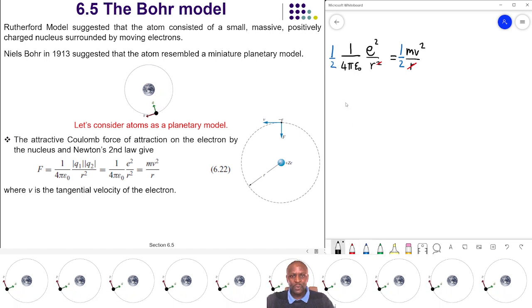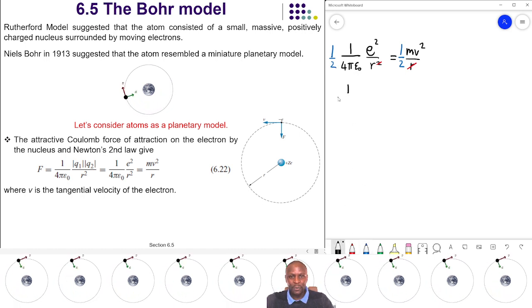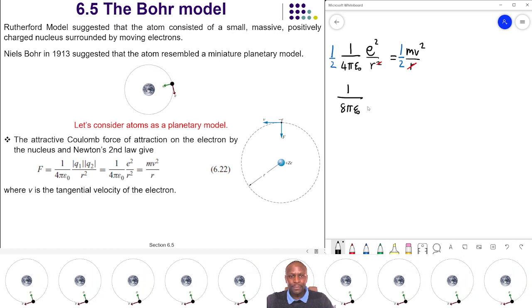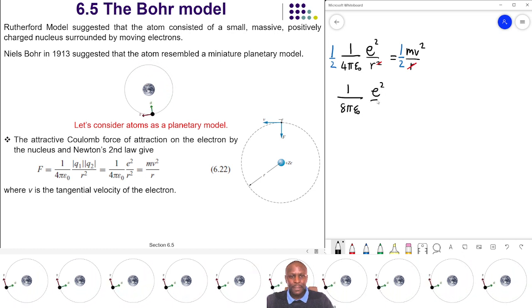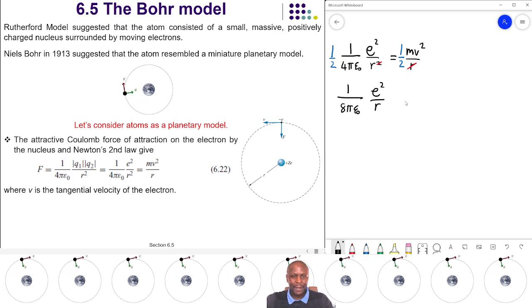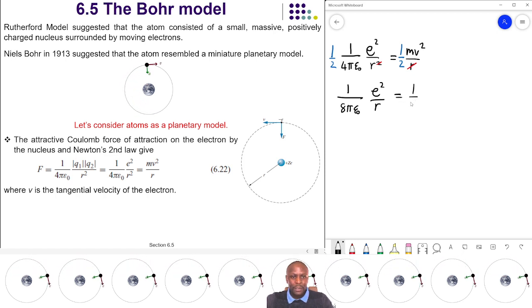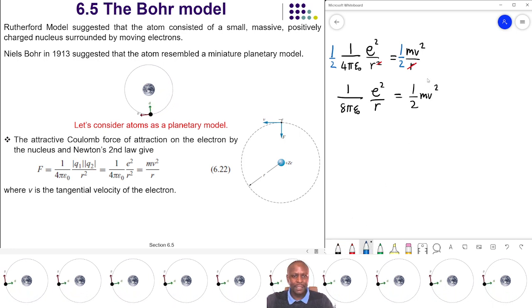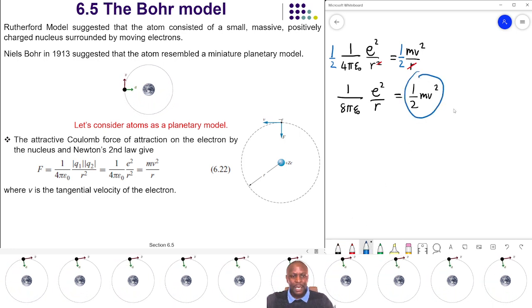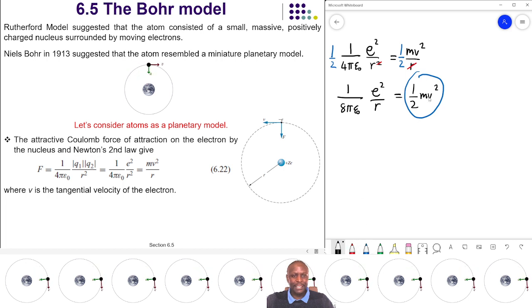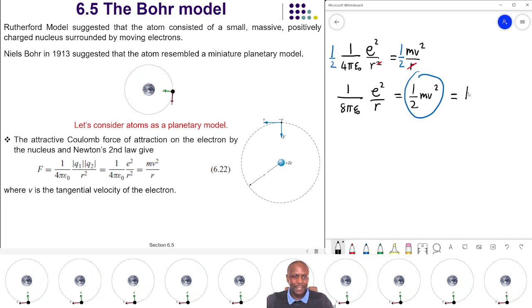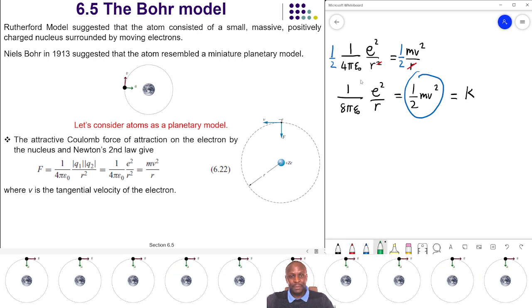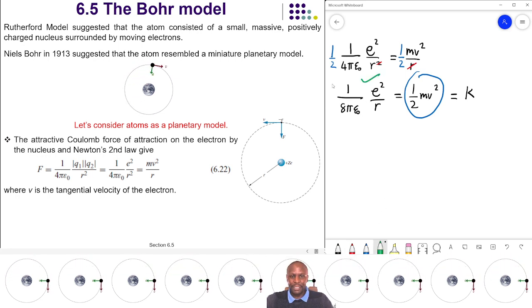So what will this equation look like now? This equation will be 1 over 8 pi epsilon naught e squared over r, not r squared, r, equals 1 over 2 mv squared. And this term here looks familiar to us, and it is nothing else but the kinetic energy.